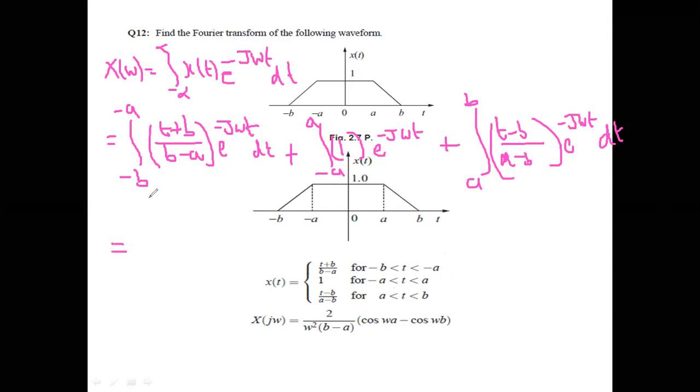That is equal to, see here, t plus b by b minus a is a constant.